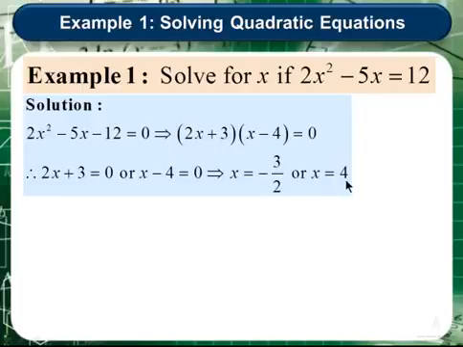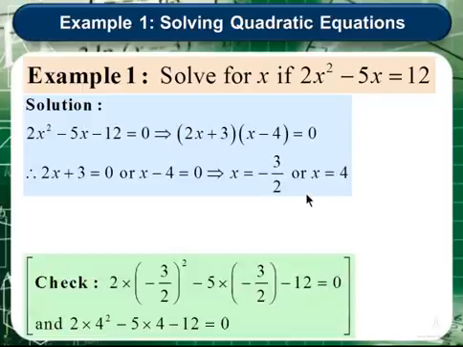Just check that. To verify that these are both solutions or only one of them is a solution, we have to substitute both values into the original equation and check that both satisfy the equation. And in fact that is the case. If you substitute minus 3 over 2 into this particular quadratic equation that we started out with, the right hand side is equal to the left hand side, so it satisfies this equation.